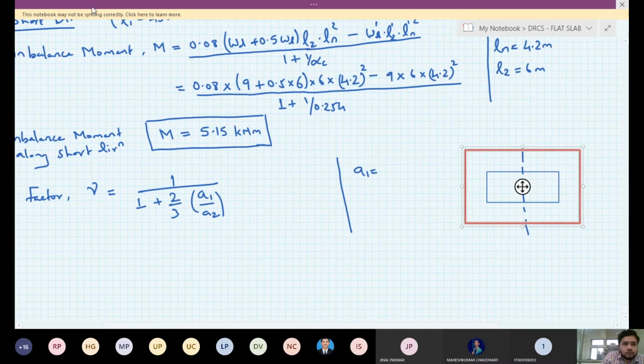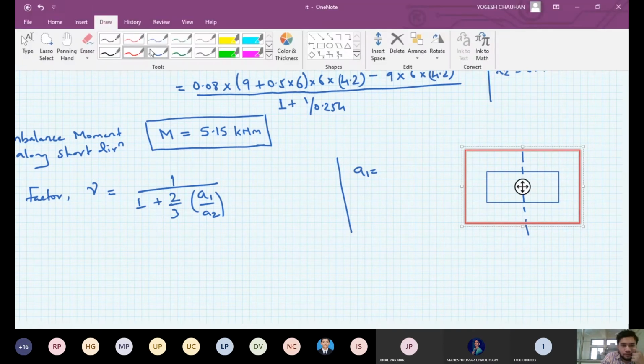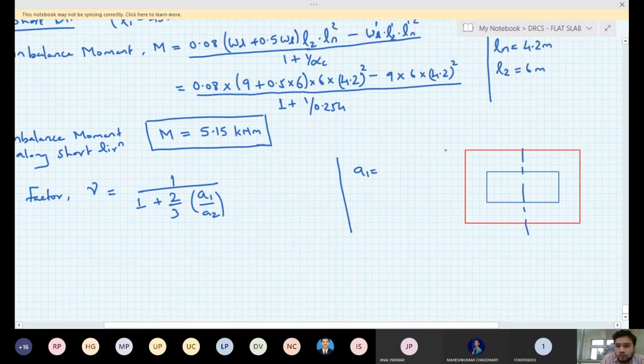So now this will be your A1 and this will be your A2. See, this is the critical section.